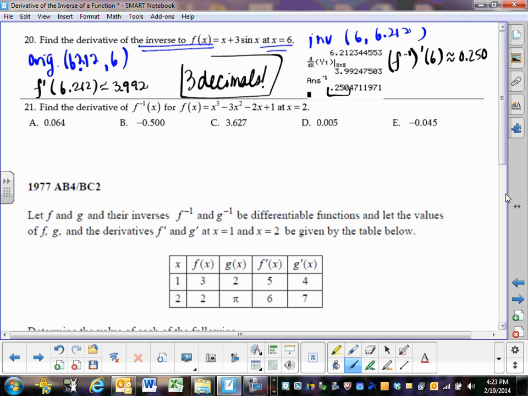So we're going to intersect those on the calculator. So our y1 is x plus 3 sine x. And the y value is 6.